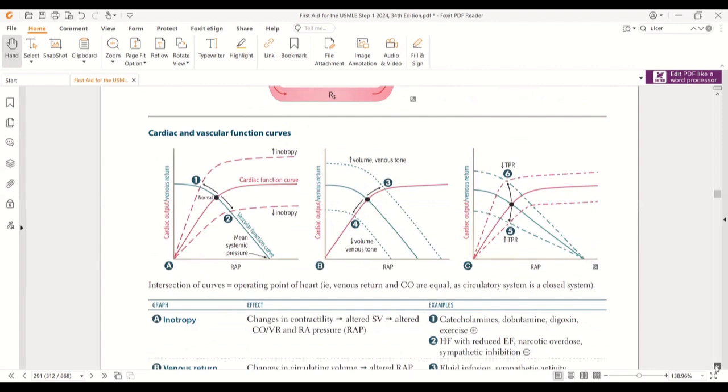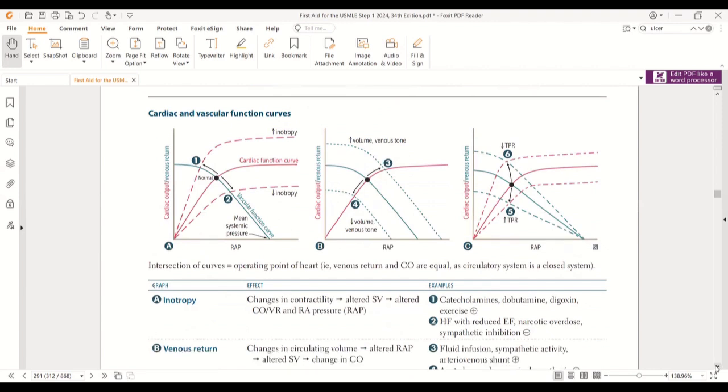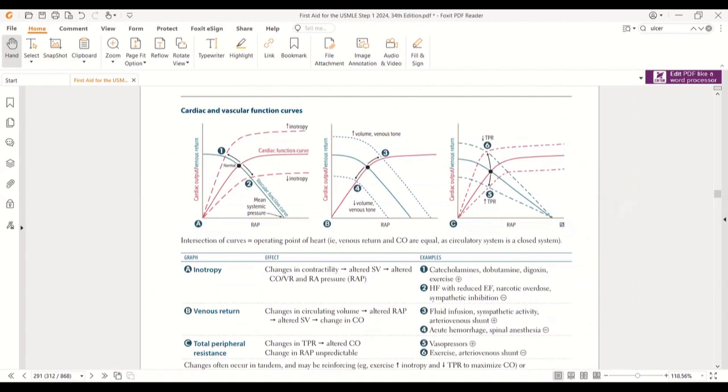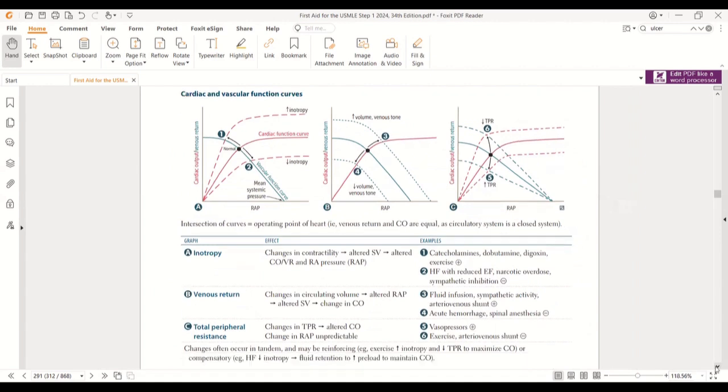Okay, so this is the curve. This is the last topic of today's discussion. It's a little bit difficult one, but I will try my level best. Basically this is a combination of two graphs: one is the cardiac function and one is the vascular function.